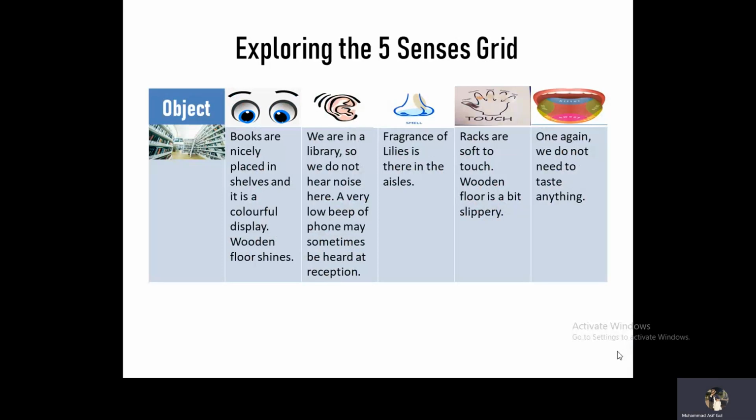We may see that by using the sense of our eyes, we have written that books are nicely placed in shelves and it is a colorful display. And we have also written that wooden floor shines.